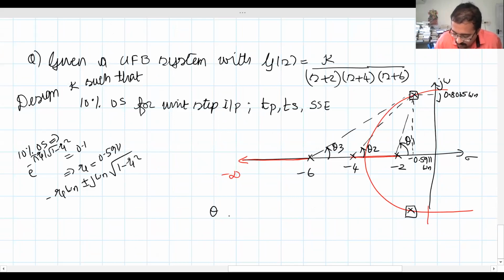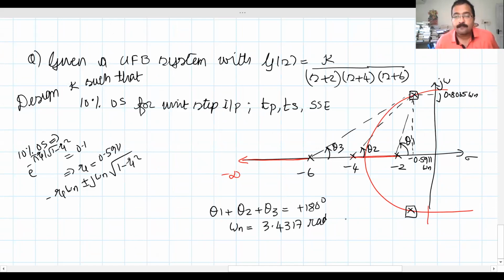So theta 1 plus theta 2 plus theta 3 must be equal to plus or minus 180 degrees, both are one and the same. If you solve this equation, as I said before, you will get your omega n as 3.4317 radians per second.